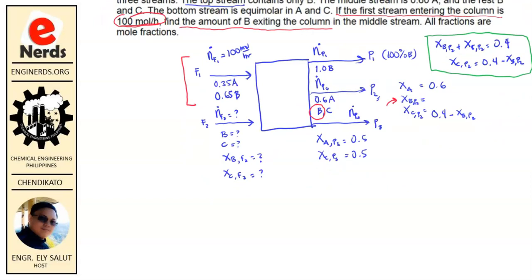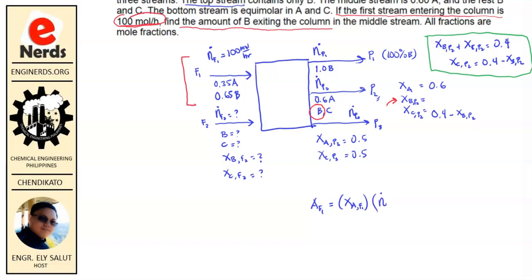In order to get the value of A dito sa F1 natin na stream, we need to multiply the mole fraction ng A sa ating F1 with the molar flow rate dito sa ating F1.